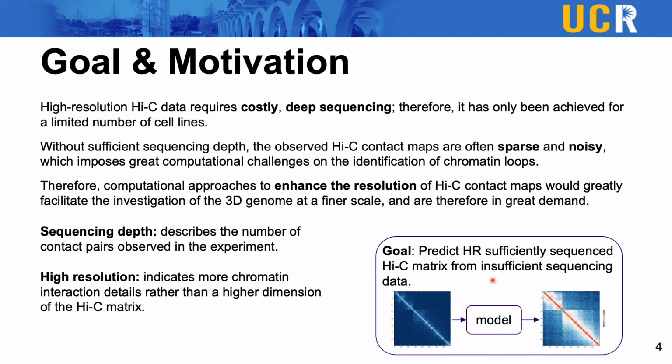Therefore, a high-dimensional Hi-C matrix is not always of high resolution. In this work, we refer to the dimension of the Hi-C matrix as its scale. A lower scale Hi-C matrix has a smaller number of rows and columns. Sequencing depth describes the number of contact pairs observed in the experiment.